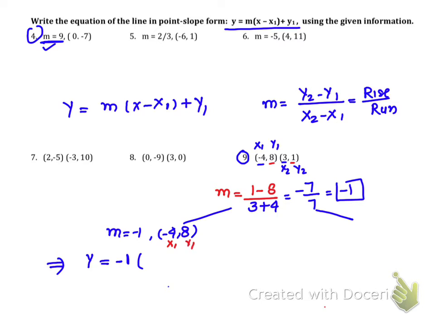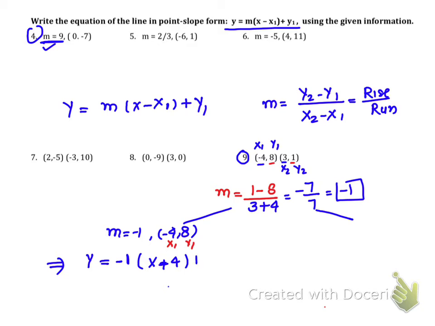So I use that. So that's going to be x minus -4, and that will change it as x plus 4 because it has negative sign, and plus y1.